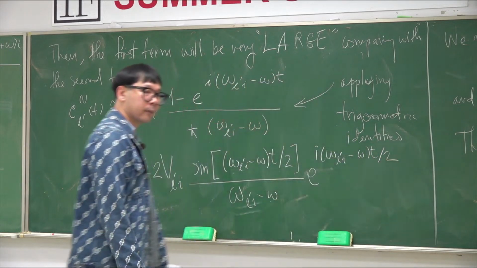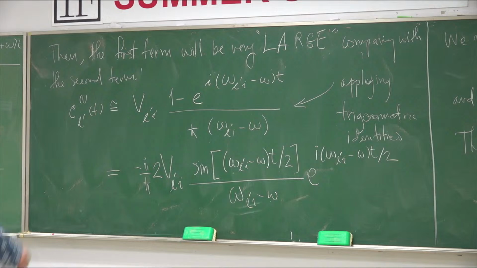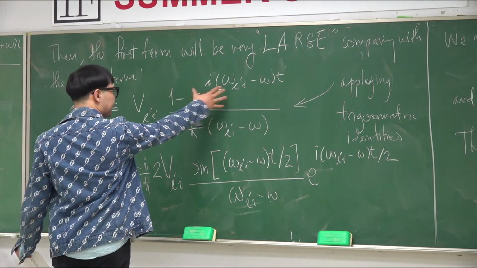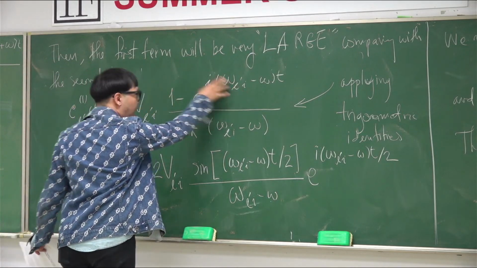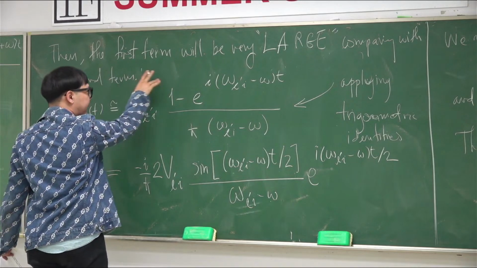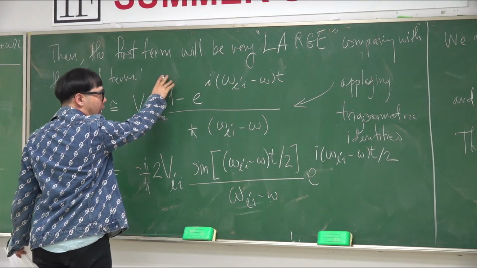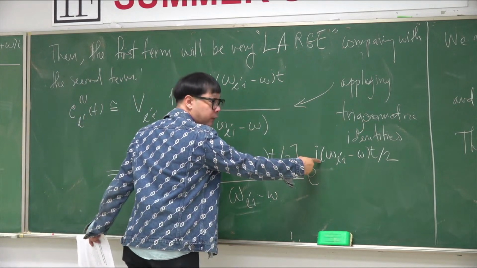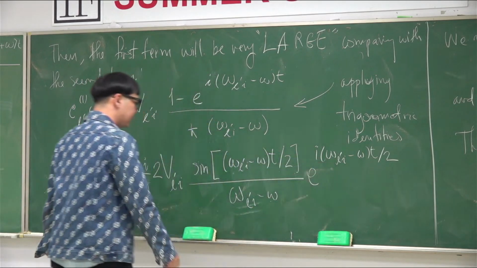Okay. Can you see that? I just pull half of this out, right? And you will get the minus sign, half of this quantity, and you get psi. And that is the reason why you get half here. Okay?